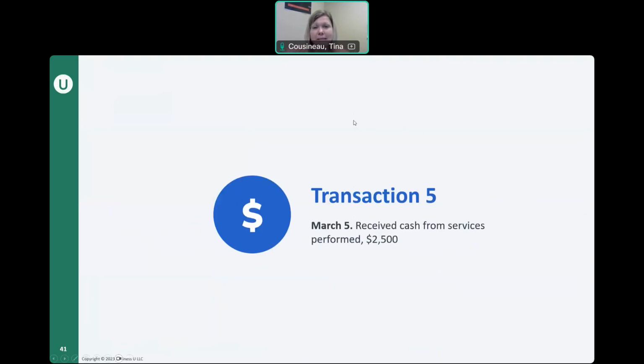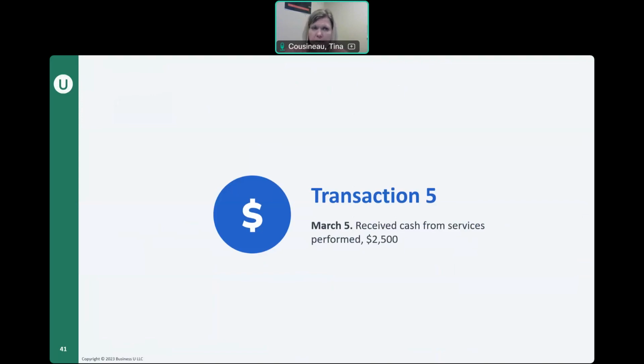All right, so let's get into some transactions, because the best way that we can learn this is to actually apply it. Taking those transactions and applying them to the T accounts and the accounting equation will really help us with understanding it. So we received cash from services performed. So I'm a service business.